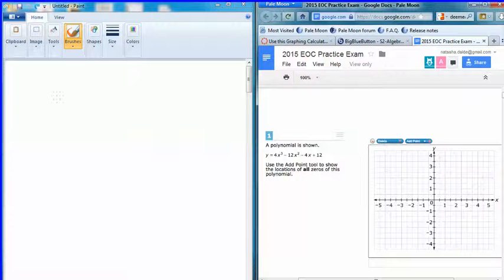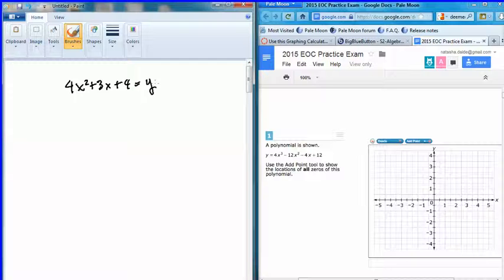Now, if this were something like 4x squared plus 3x plus 4 equals 0, or, I'm sorry, equals y, then we can easily find the zeros using the quadratic equation, completing the square, or factoring it, if we could, with something like number x plus number and number x plus number equals 0.